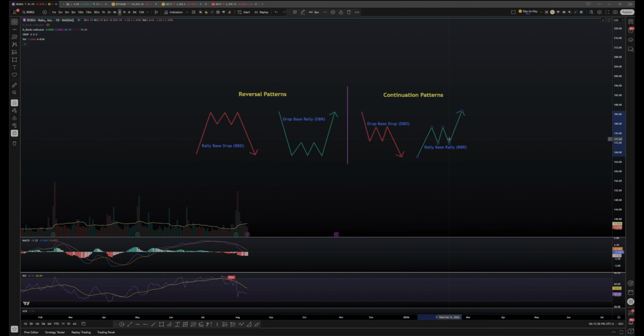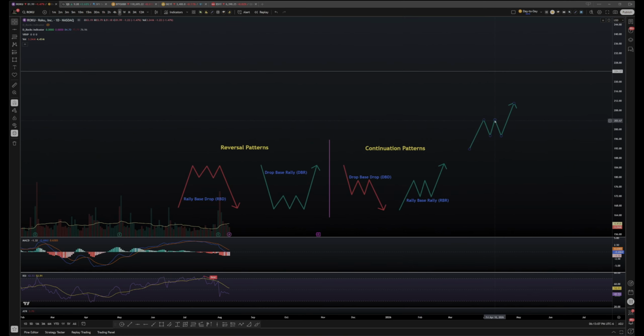What you might get sometimes is a rally, base, rally. However, you might end up with something a little more like this for your rally, base, rally.